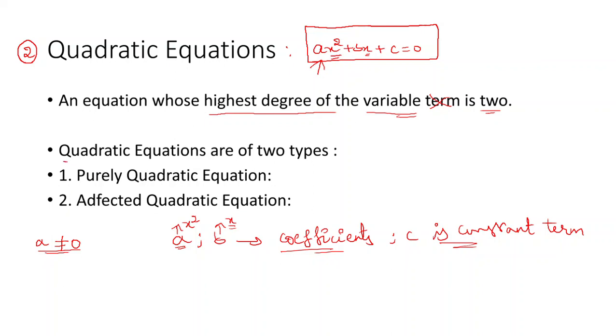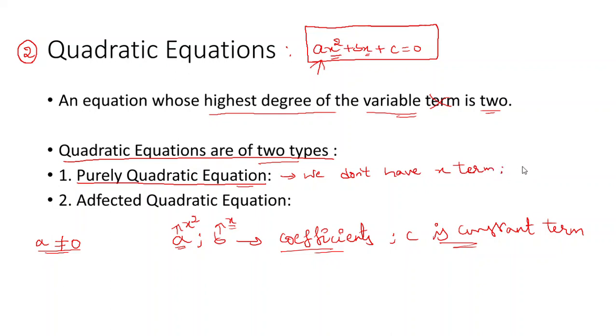Now quadratic equations are of two types. The first one, purely quadratic equation. What is a purely quadratic equation? Here we don't have the x term.